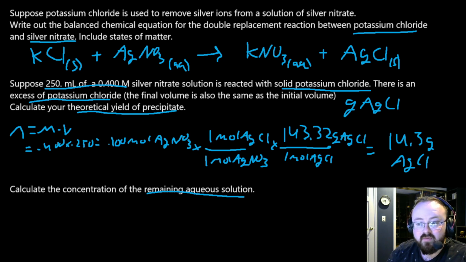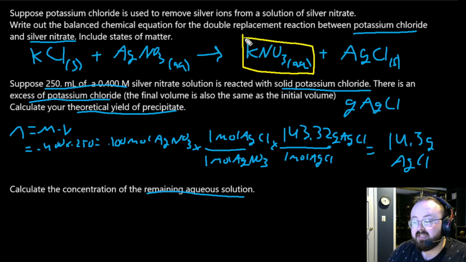So what I'm asking for is, what is the concentration of potassium nitrate? And that's how I would frame this question. I also give us the information that the final volume is the same as the initial volume, and that information is going to help us here.